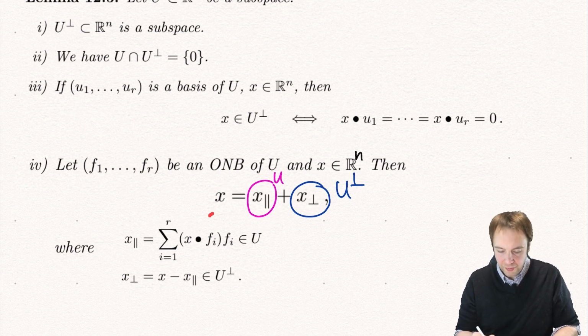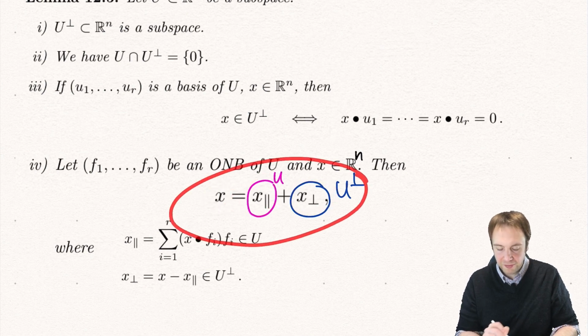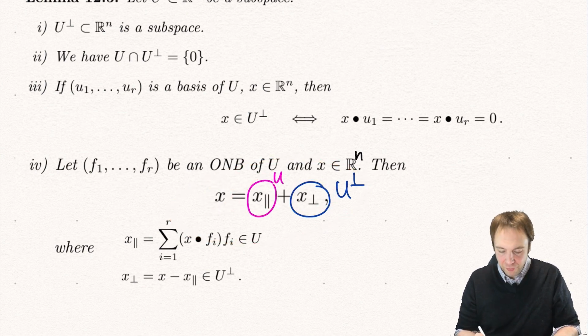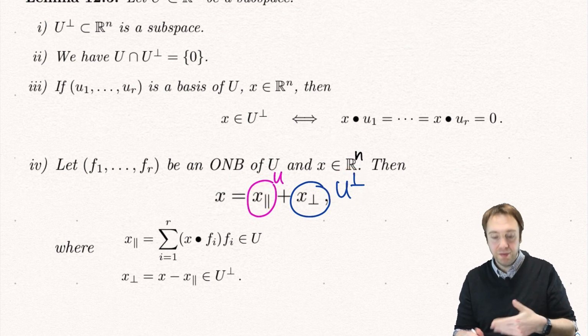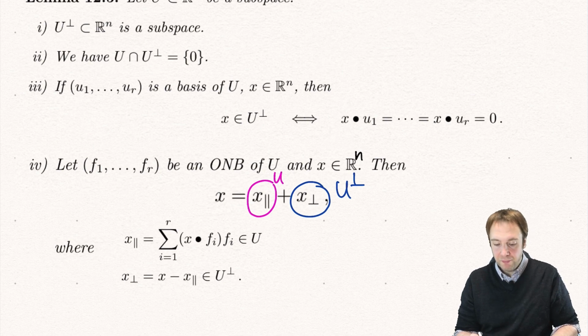Because otherwise, if I define this to be anything in U, and I define this here to be X minus this thing here, then of course this statement is true. But the important point is that this element here is in the orthogonal complement, and this element here is in U. And we will also see later that these are actually unique. So for an element X in Rn, I can find unique elements in U and in U orthogonal, such that X can be written like this.